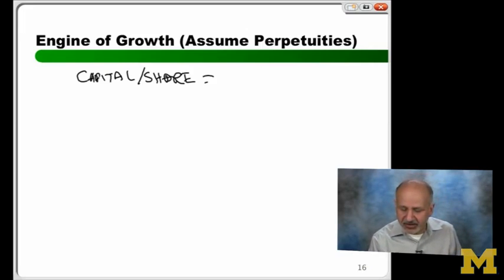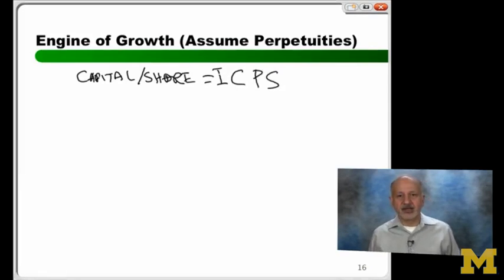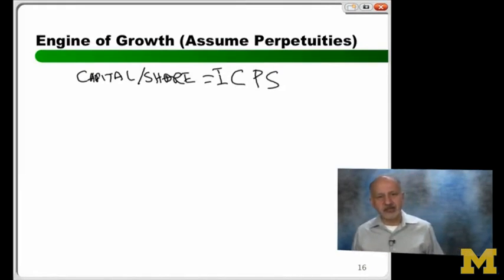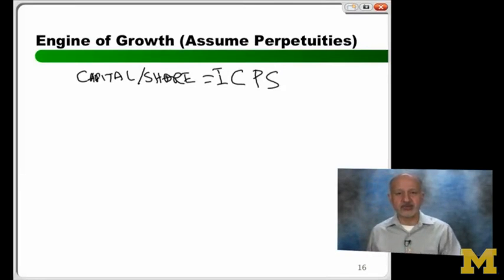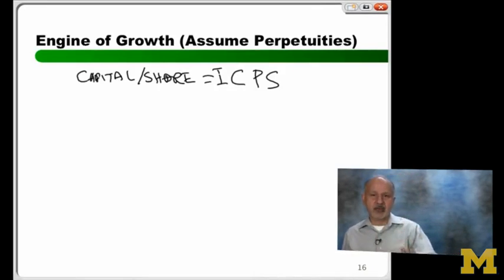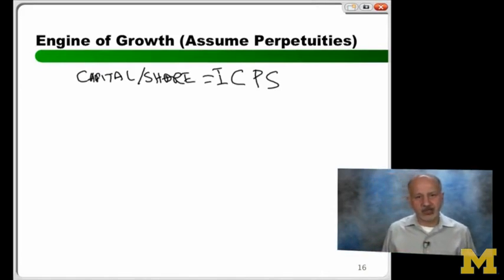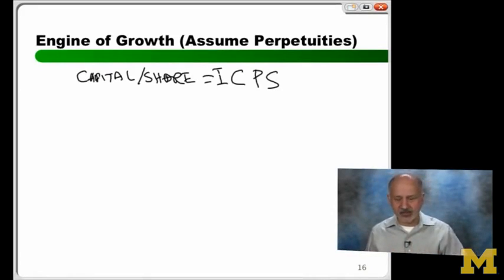So I will call this invested capital per share. So please write this down. As I said, my videos are supposed to introduce you to ideas, and then you make your own notes. So invested capital per share is the terminology, and you'll see this in books and so on.